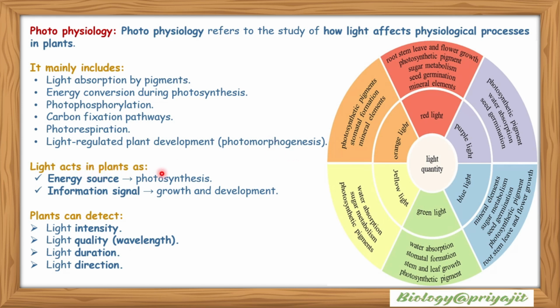Light acts in plants as an energy source for the purpose of photosynthesis, and as an information signal. It stimulates growth and development. Plants can detect light intensity, light quality or wavelength of light, light duration, and light direction.